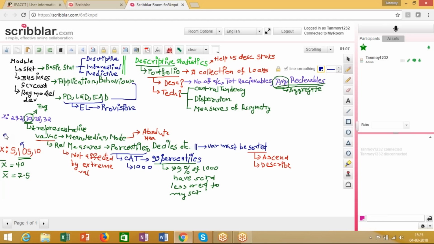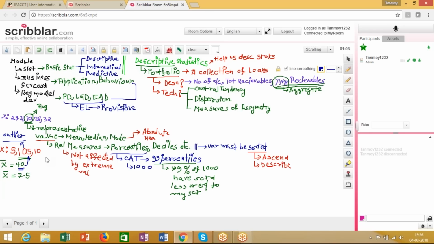The existence of this kind of outlier is impacting the behavior of the variable. It is suddenly creating a variation in the mean value as well. You see that this value 40 is more representative of 105 rather than of 5 and 10. So the representative nature of the mean has been distorted by the existence of an outlier.